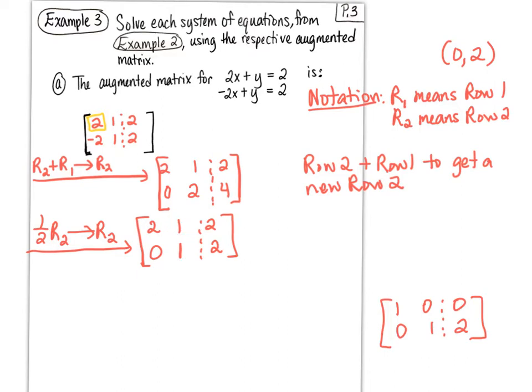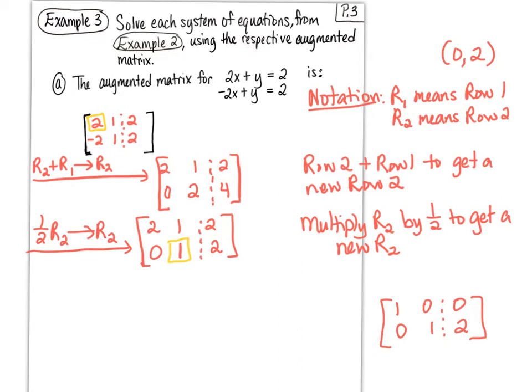Okay? So now we're going to use this 1. But before I do that, let me write down what we did. So we multiplied row 2 by 1/2 to get a new row 2.